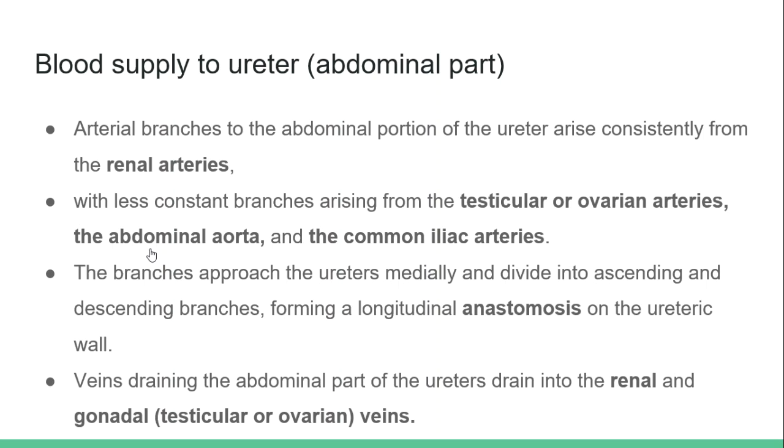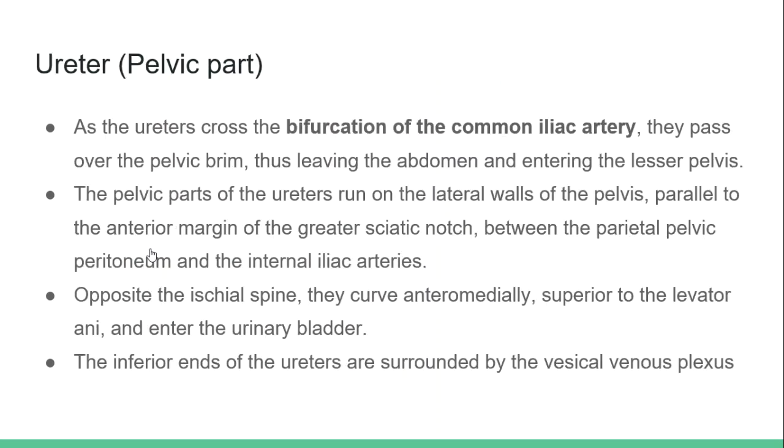The branches approach the ureters medially and divide into ascending and descending branches, forming a longitudinal anastomosis of the ureteric wall. Veins draining the abdominal part of the ureters drain into the renal and gonadal, testicular or ovarian veins.